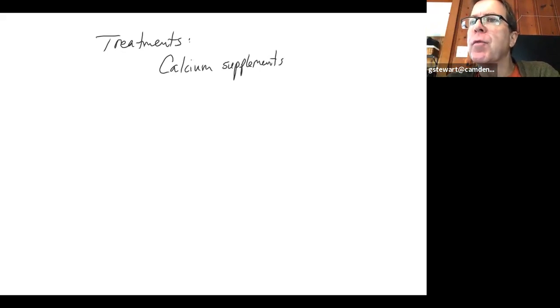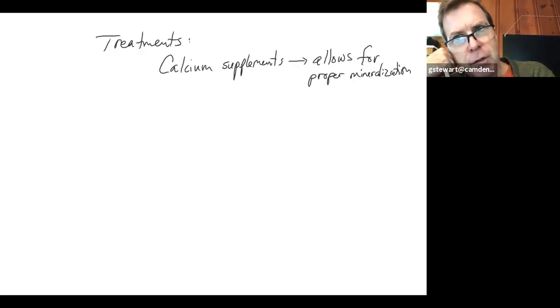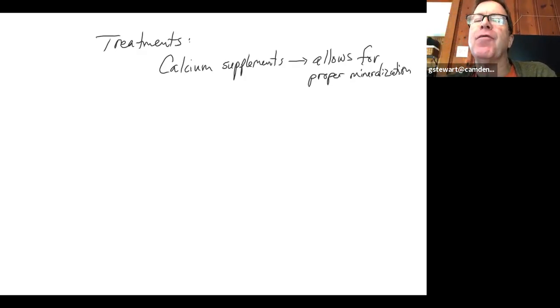What calcium supplement really does is allow the body proper mineralization. If we don't have enough calcium, that's a huge risk factor for osteoporosis. There's no guarantee that if you eat enough calcium you won't get osteopenia or osteoporosis, but this is certainly an easy way to help prevent it from occurring in the first place.